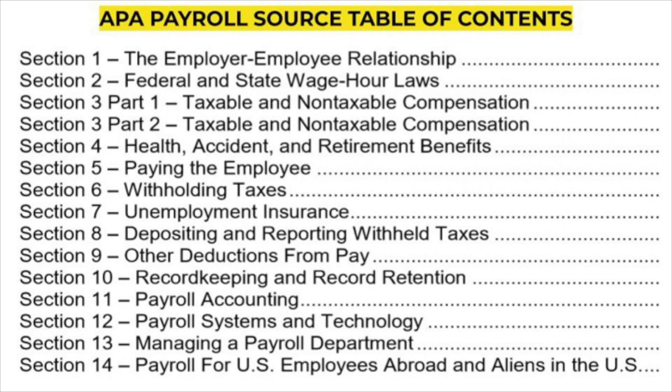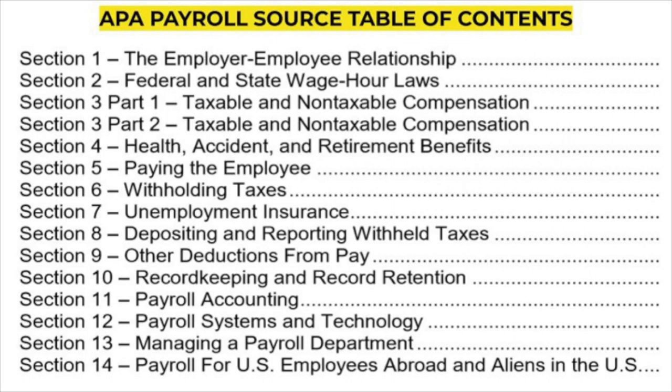Section 6 to 8 deals with taxes, withholding taxes, reporting taxes, different payroll tax forms, etc. And section 9 is on involuntary deductions like tax levies, garnishments, child support. Section 10 is on record keeping and retention.